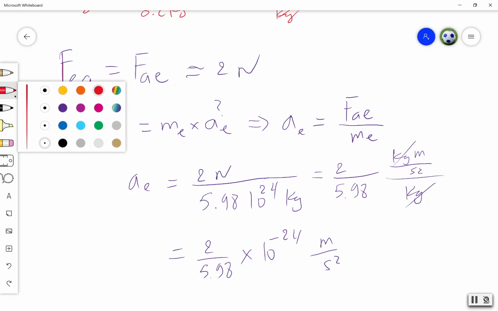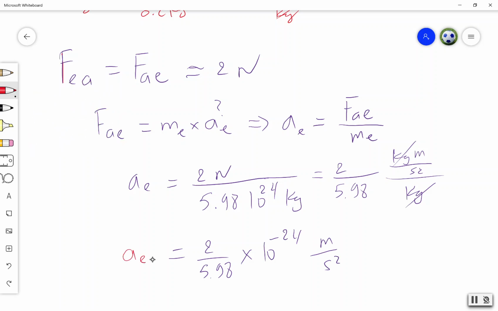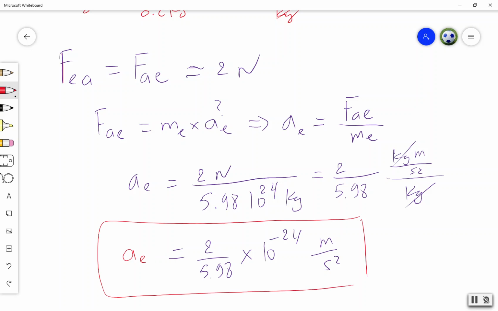Now, that's the acceleration of the Earth. This is an extremely small number. It's almost nothing. That's the reason why we don't see the Earth accelerating toward the apple, even though there is an acceleration, but it's extremely small. Hope this helps.